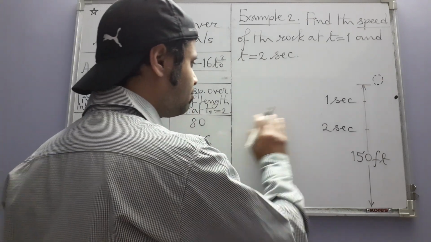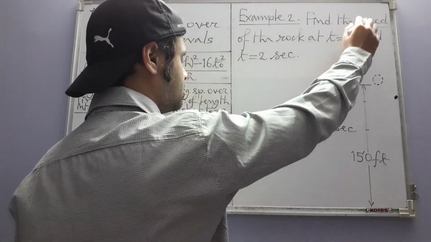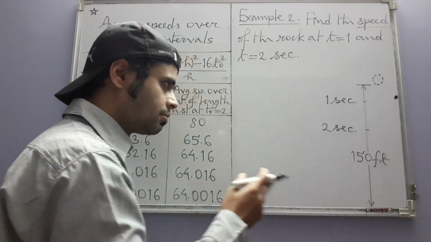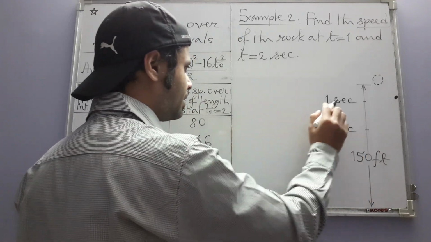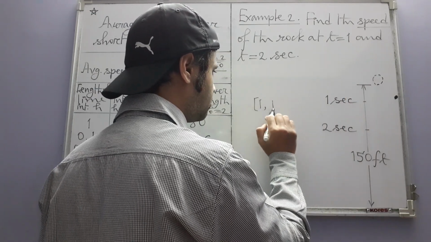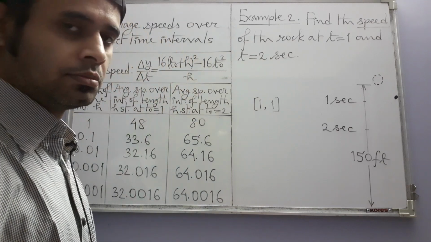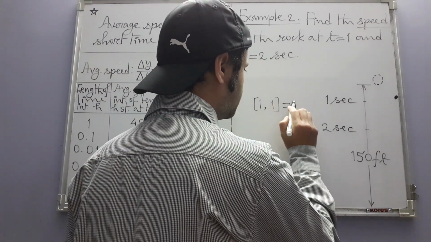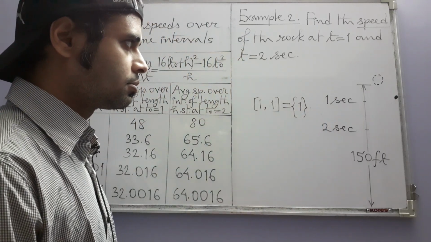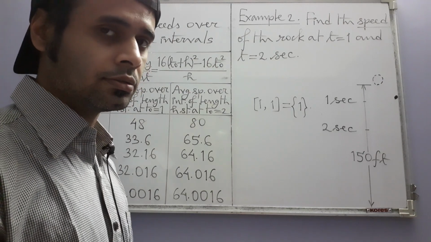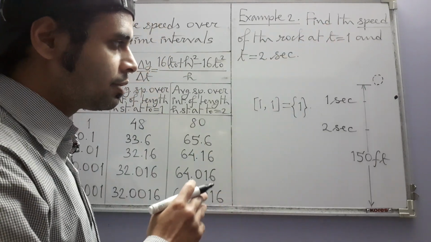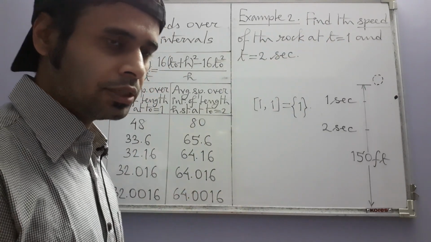Now, if one still thinks of this speed also as average speed by thinking of it again over a time interval, and that interval at this instant of time is over this interval of time, which has length 0 because it's this singleton set 1, then shall we divide something by 0? That of course we cannot do. So this way we cannot calculate this speed, and we don't even really know what this speed means.